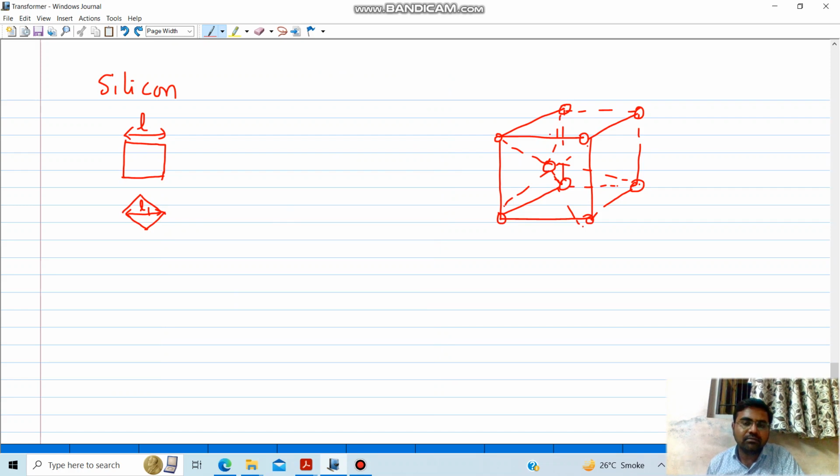Now silicon steel has a crystalline structure, where there will be 8 atoms at each corner of the crystal and one atom at the center.